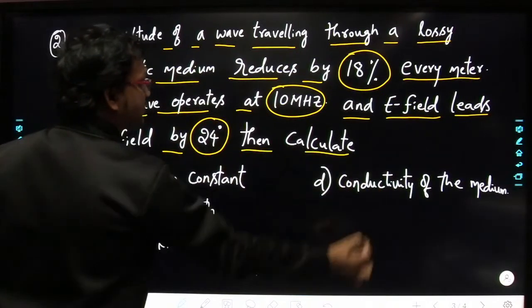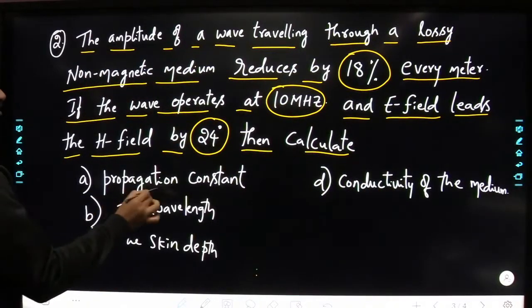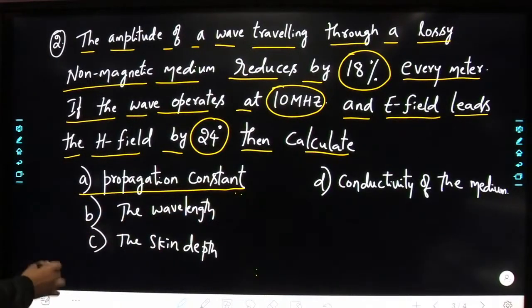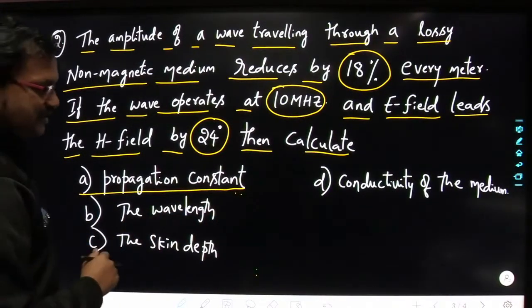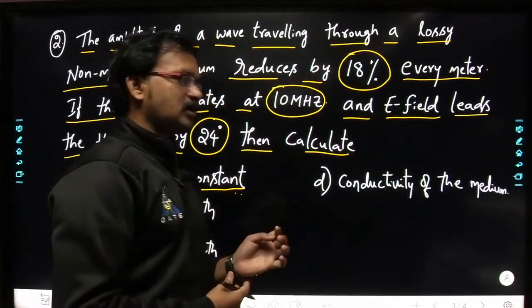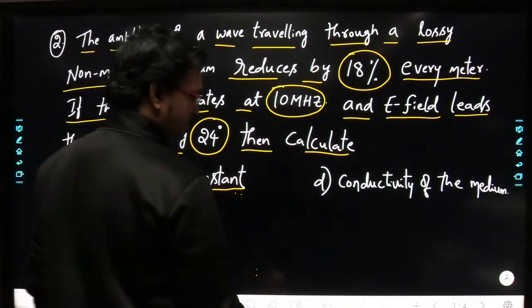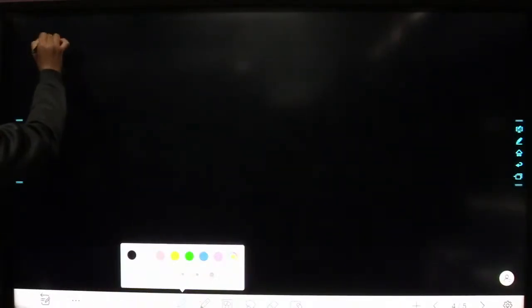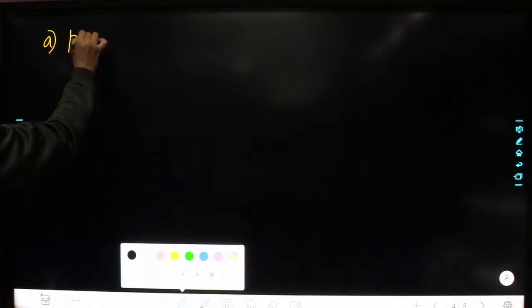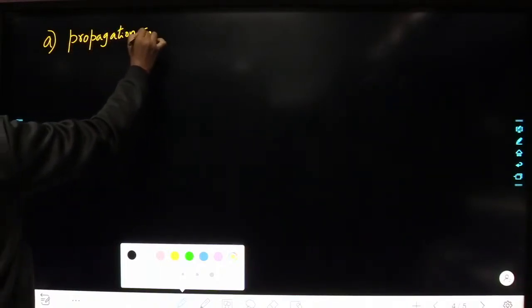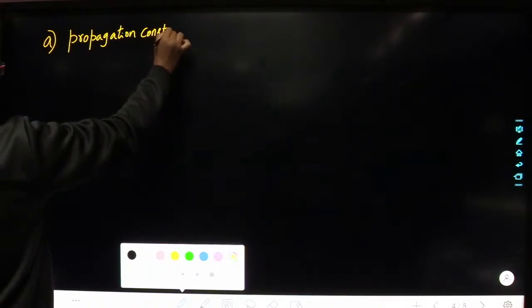Calculate A, the propagation constant; B, the wavelength; C, the skin depth; and D, the conductivity of the medium. First let us calculate the propagation constant. If you determine the propagation constant, the remaining things are going to be very simple.